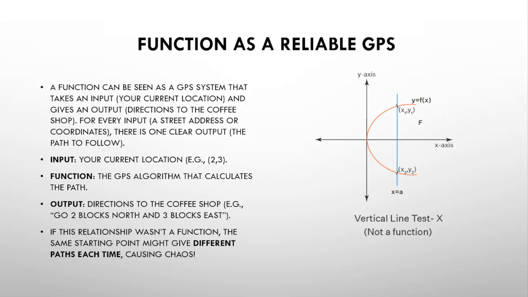Your input is your current location, the function is the GPS algorithm, and the output is the direction. So what if the GPS gave you different routes each time, or 5 routes for the same spot? That would be chaos. That's why functions are like good GPS systems. They are predictable and reliable. One input, one output.